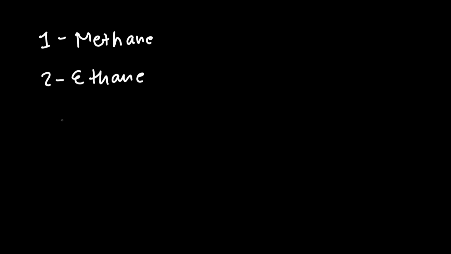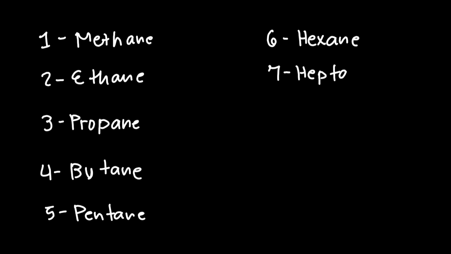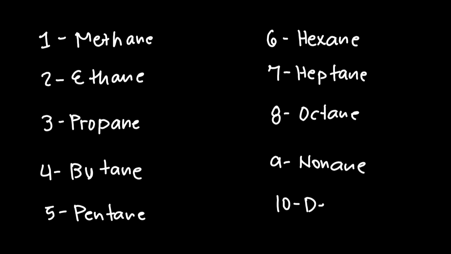Just a reminder for you, 1 carbon is methane, 2 is ethane, 3 is propane, 4 is butane, 5 carbons here represents a pentane, 6 would be hexane, 7 would be heptane, 8 carbons would be octane, 9 would be nonane, and 10 would be decane.